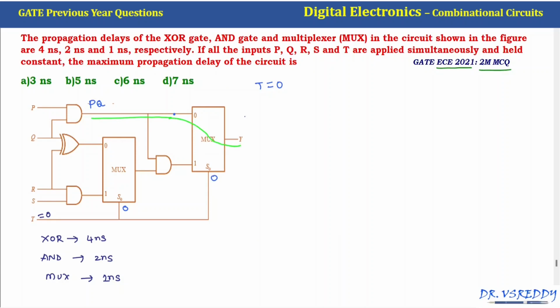Then the output Y depends upon this line, the output of this AND gate. The inputs are P and Q, so the output is PQ. This is the path by which we get output Y. So Y is equal to PQ when T is equal to 0. This AND gate has a 2 nanosecond delay and this mux has a 1 nanosecond delay, so 2 plus 1, completely we require 3 nanosecond to get the stable output.